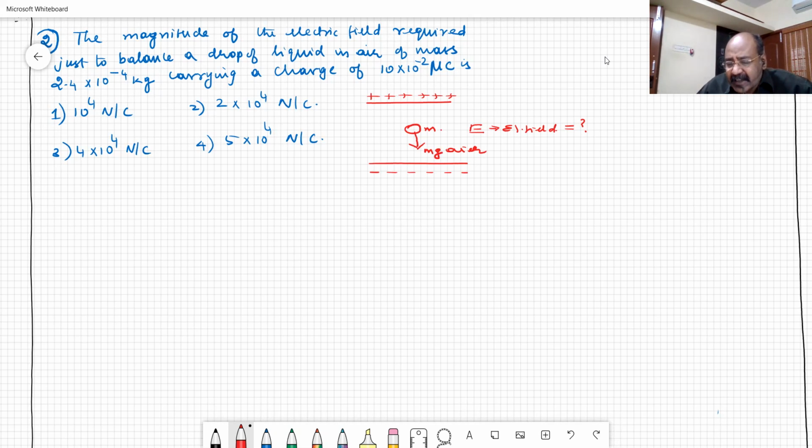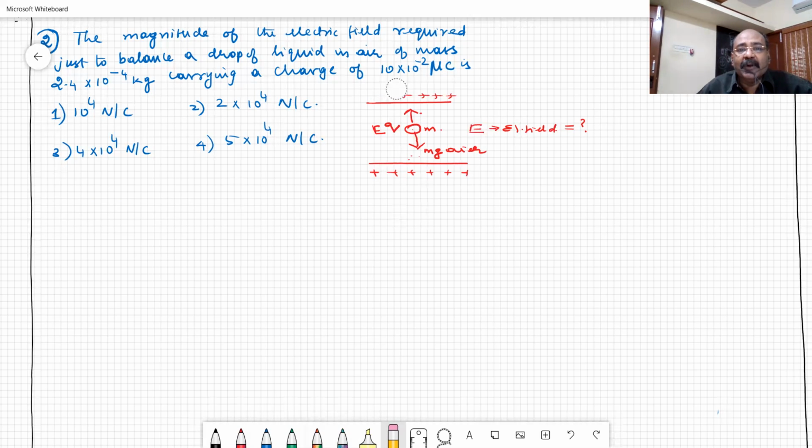Now, since this mass is having a charge q, the electrical field in between the two plates is made to act in such a way that the force acting on it should be in the opposite direction. Then the lower plate should have the positive charge, and the top plate should have the negative charge.